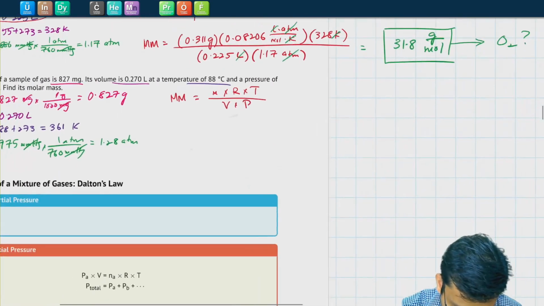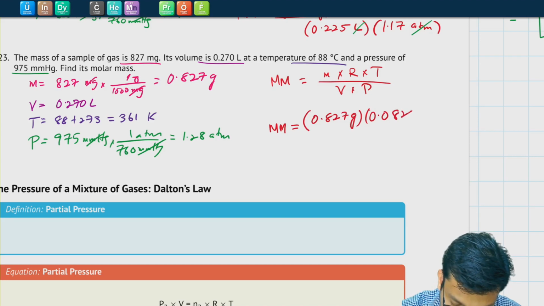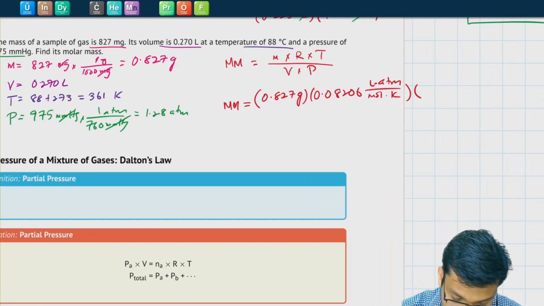So let's put all of those in, right? The mass is 0.827 grams. R is, as always, this long number, which you don't need to memorize, but I've just accidentally memorized it because I use it so often. But you need to recognize it quickly to use it in problem solving.